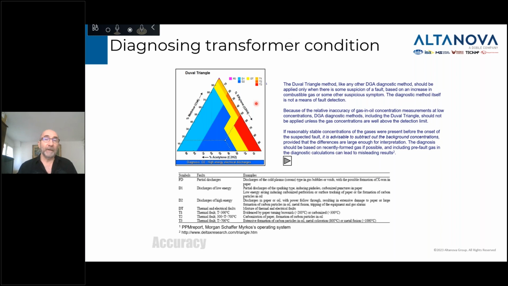You also have triangles for silicone, triangles for ester, natural and synthetic, and triangles for OLTC. On top of that, he has developed a pentagon, mostly used if you have not just one specific fault but a conjunction of faults. The pentagon, in conjunction with the Duval triangle, allows you to better pinpoint the fault and gives you a much better diagnostic.